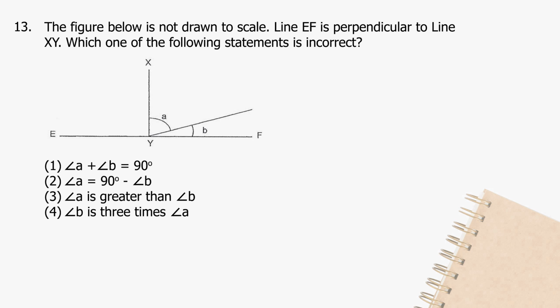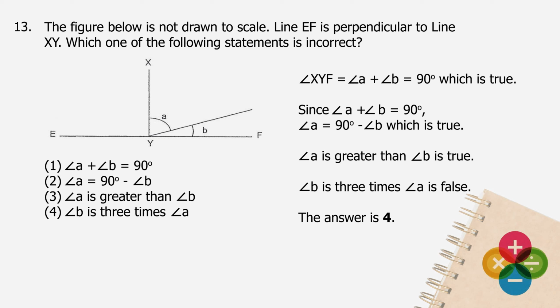Question 13. The figure below is not drawn to scale. Line F is perpendicular to line XY. Which one of the following statements is incorrect? Let us look into the 4 statements. Angle XYF is equal to angle A plus angle B, which is equal to 90 degrees.